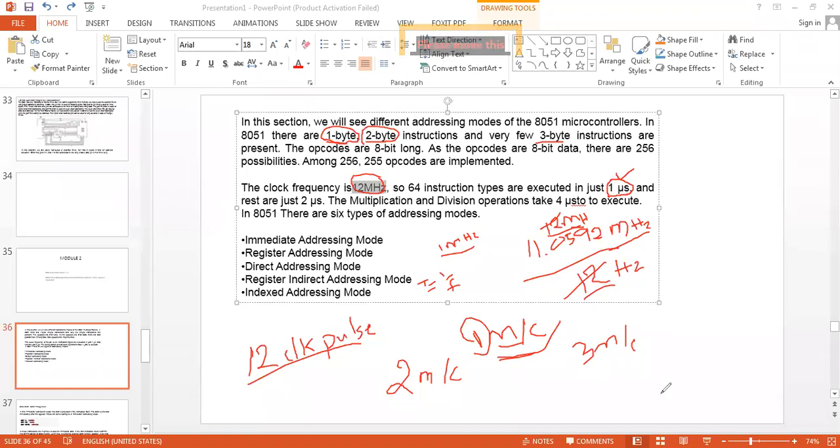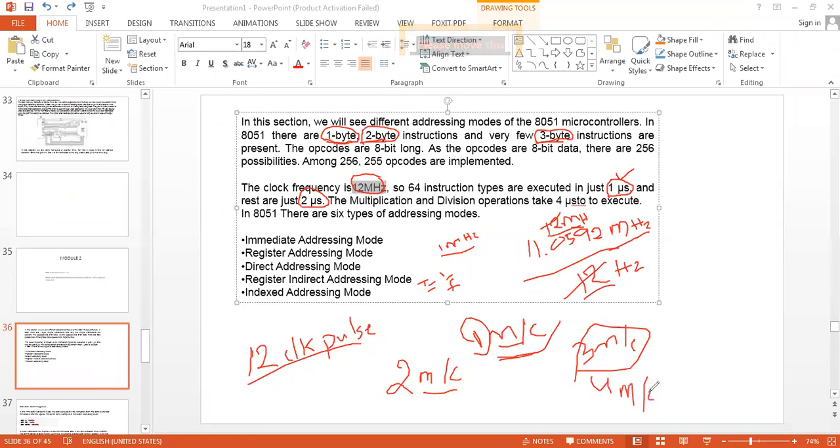So now here, in one machine cycle, a 1 byte instruction will consume 1 microsecond, same as a 2 byte instruction will consume 2 machine cycles, whereas it will be executed within 2 microseconds. And as well as 3 byte instructions will take around 3 machine cycles, or it may take 4 machine cycles also.